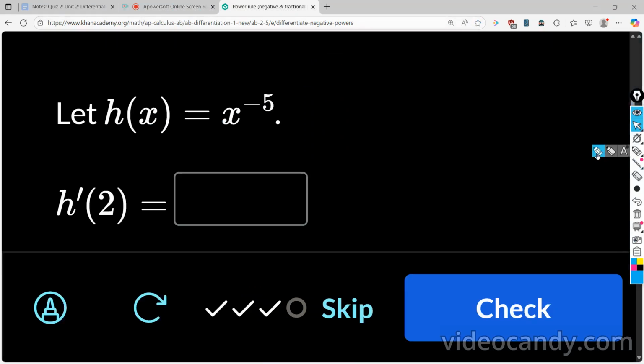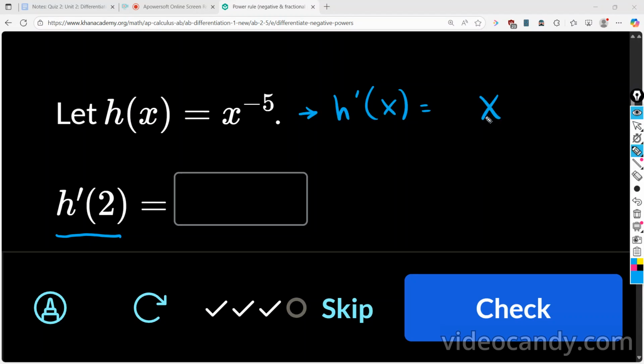One more here. We have h of x. They're asking us to find h prime of 2. Let's just find h prime of x first. We have x to the negative 5.